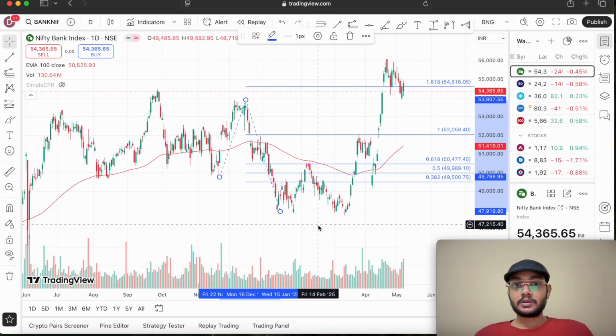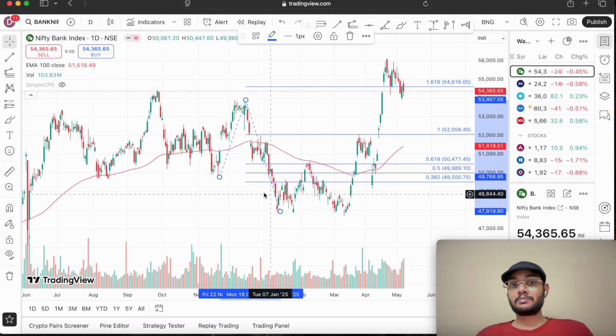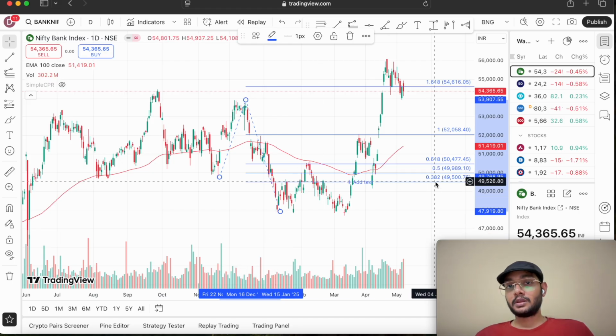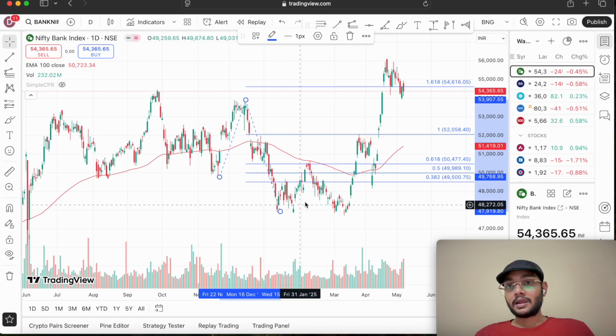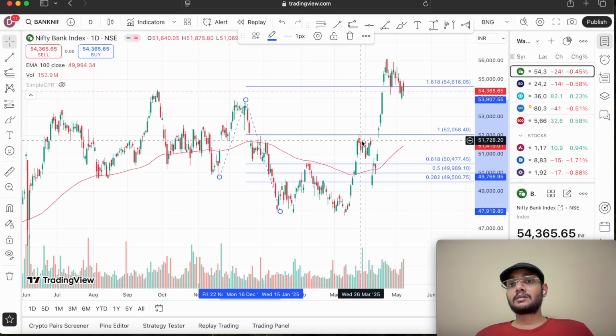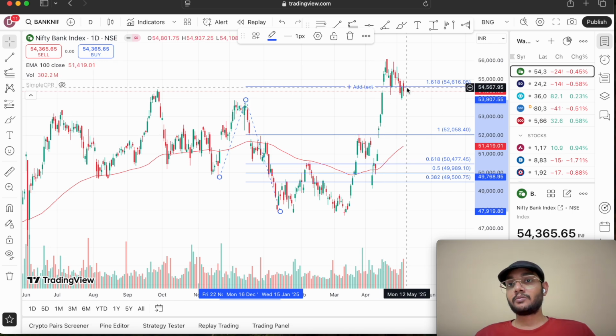Cool. Look at this, guys. How beautifully it has respected all the levels. I just plotted this randomly and it is respecting that too. Look at this 0.382 level. See, it touched, came back, and then it bounced in this 0.5 to 0.618 level, again came back, and then it reversed and touched 1.618, and this became a support.